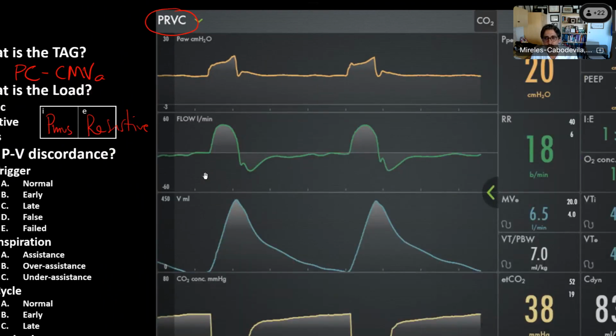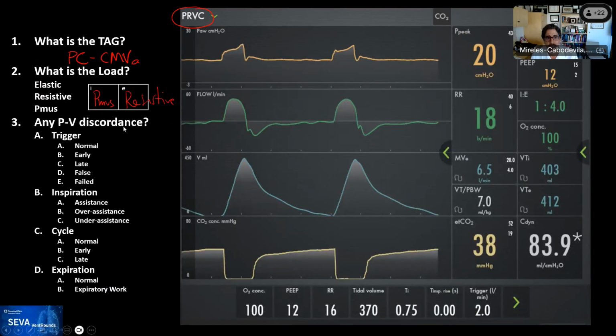And in this case, there is no change in color at the beginning of the trigger, and this is by flow, so we would expect a change in the flow waveform, and sometimes this ventilator does it in the pressure waveform, I don't know why. But so you have a machine-triggered breath, and it's followed by PMUS. You told me that there was PMUS in this case.